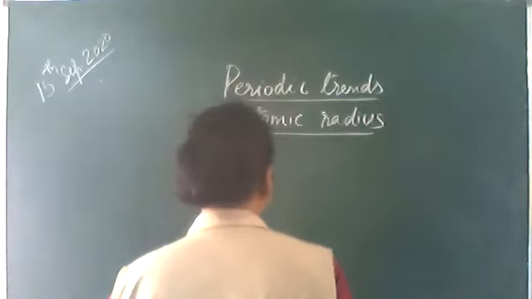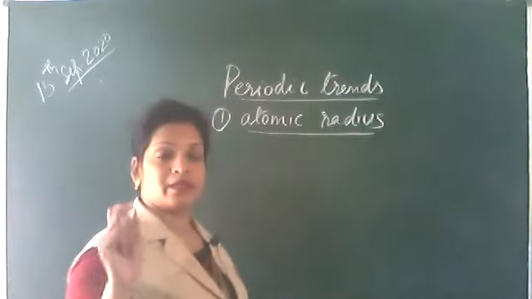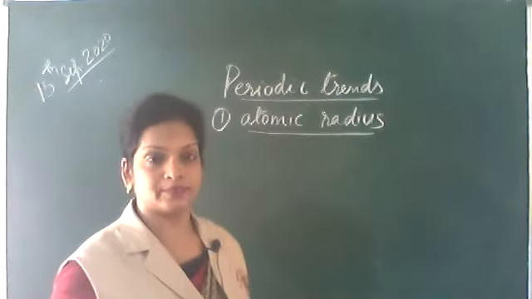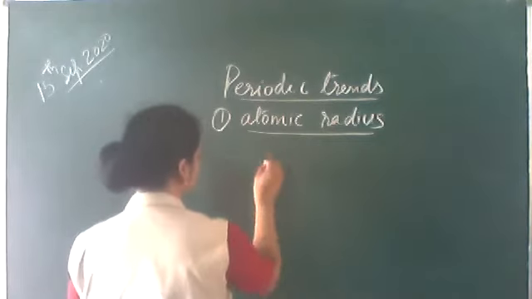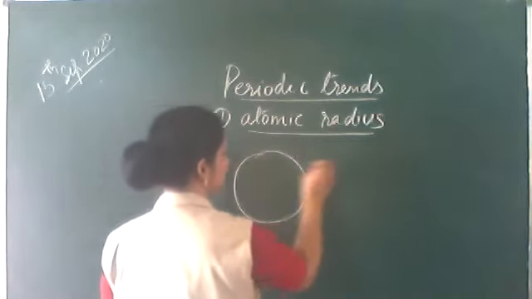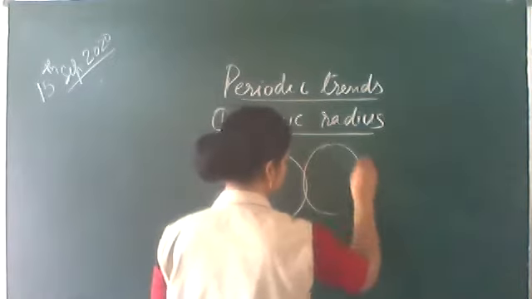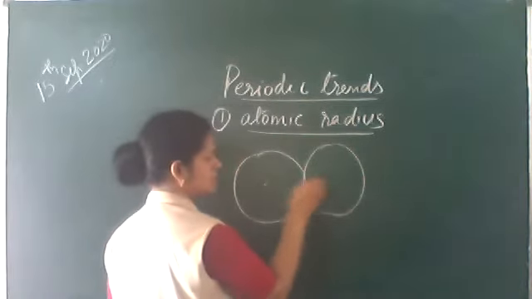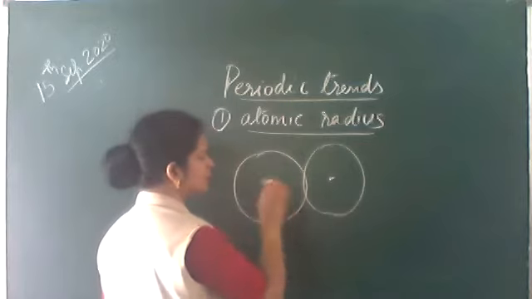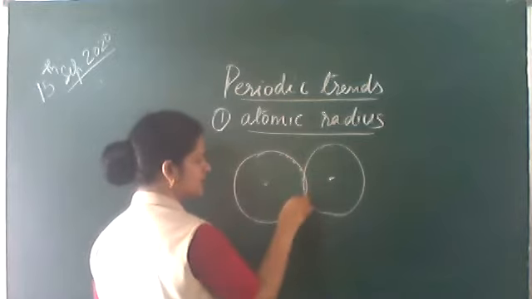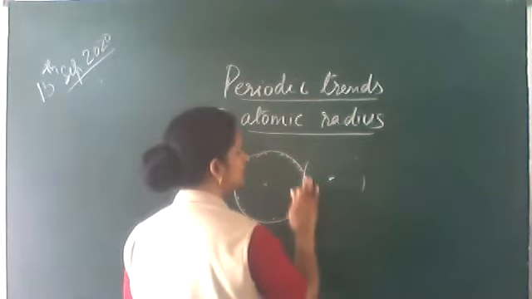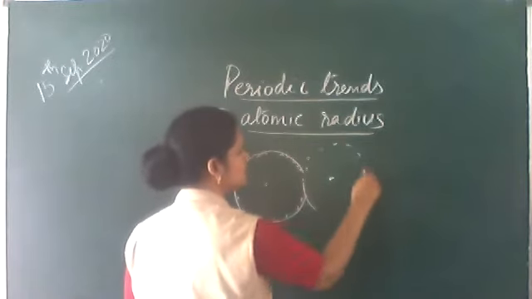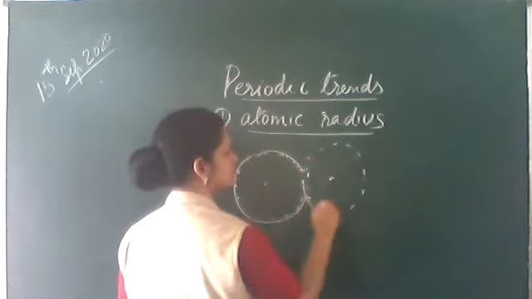To measure the radius of a chlorine atom, you have to take a chlorine molecule. In the Cl2 molecule, the atoms merge. There are no clear-cut boundaries.